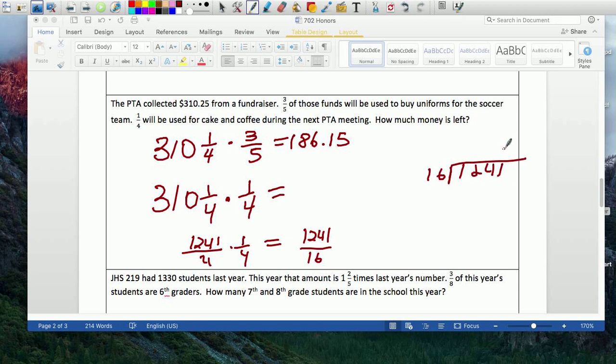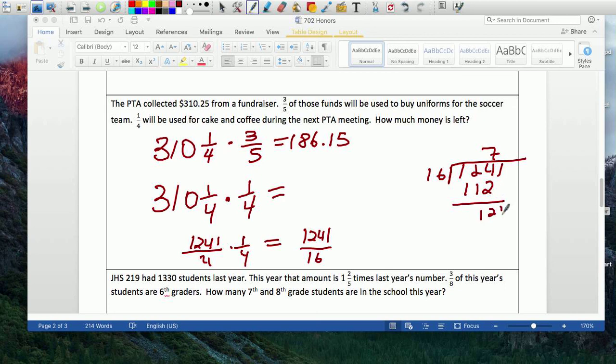Doesn't go, so 124 divided by 16 is 7 times. 7 times 6 is 42. Go 4, 11. 1, 4 minus 2 is 2.